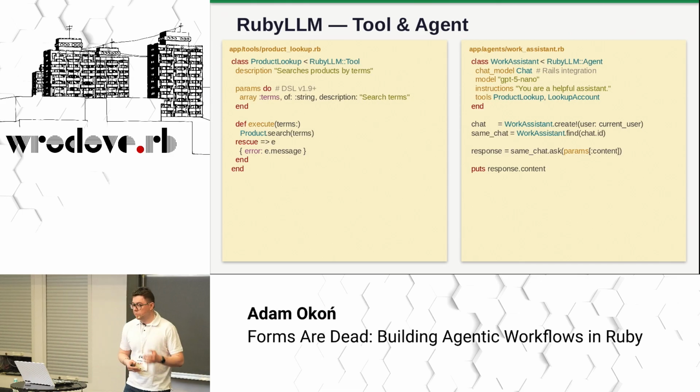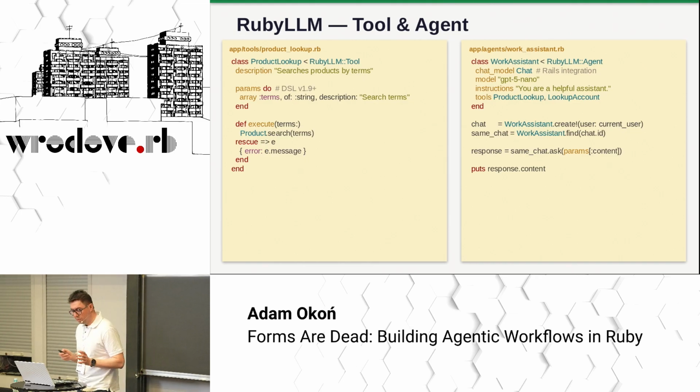Also, RubyLLM provides a way to build agents and compose them, to encapsulate a specific domain or purpose, a specific agent with extra tools. So this is something that for the monolith is ready to go.